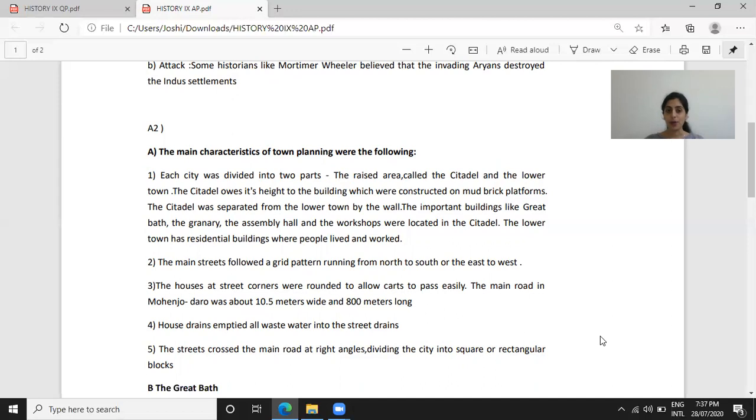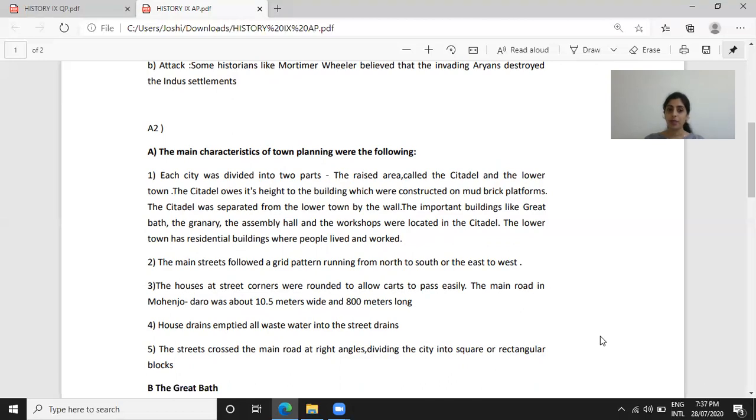Going to the next point, the main streets followed a grid pattern running from north to south or east to west. 2 keywords covered in this second point. Number 3, the houses at street corners were rounded to allow carts to pass easily. The main road in Mohenjo-daro was about 10.5 meters wide and 800 meters long.